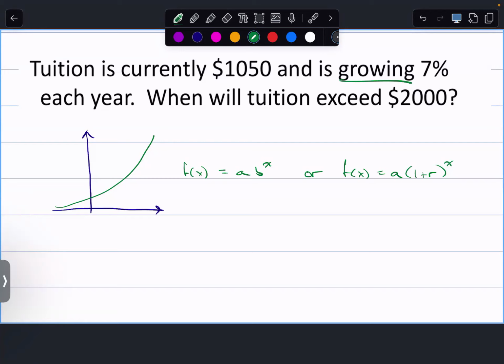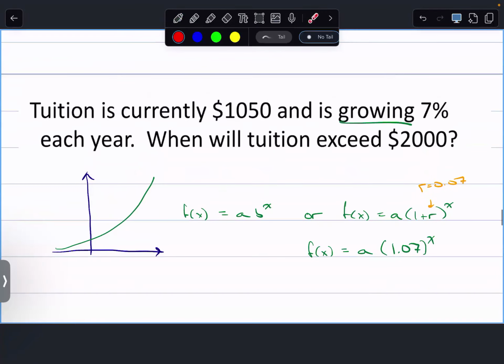Here, r is 0.07. So we know that f of x is a times 1.07 to the power of x. If x is 0, then f of x must be a.